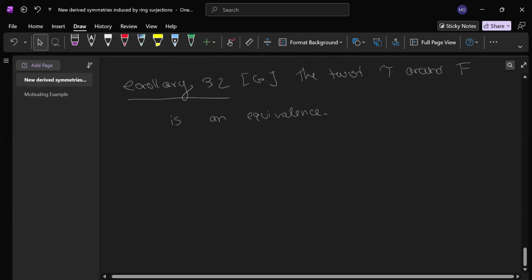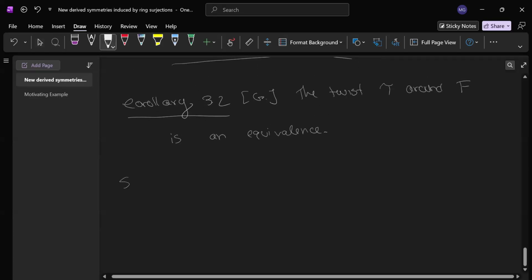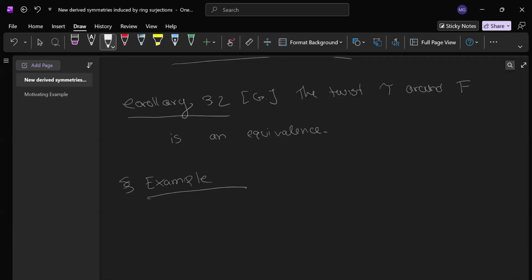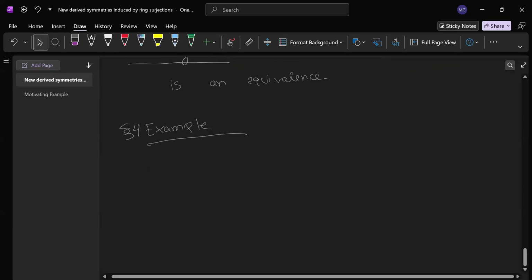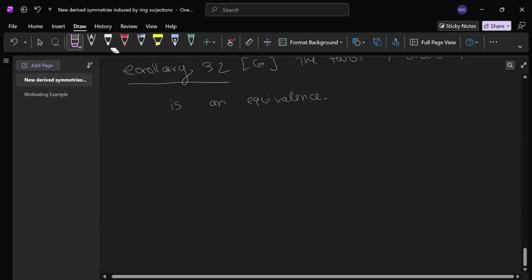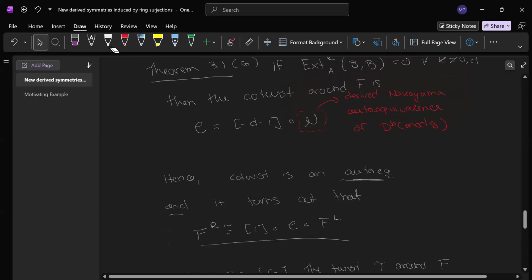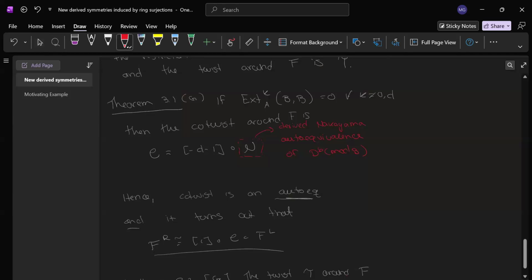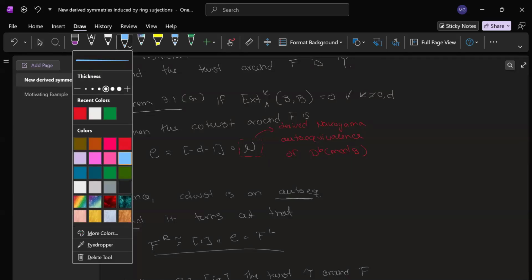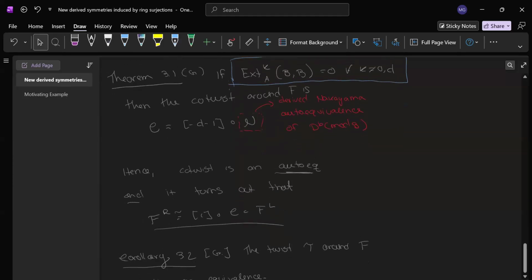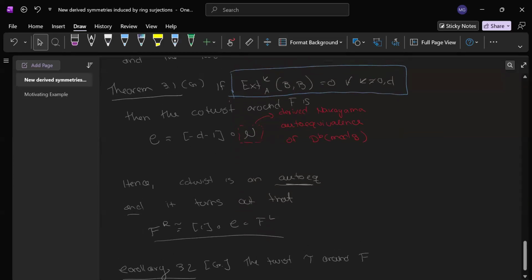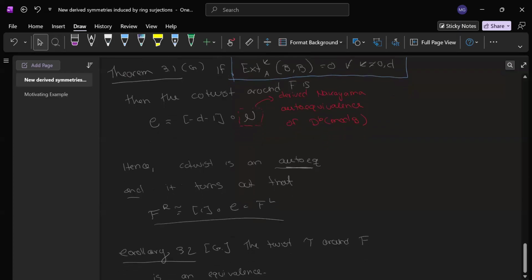And what I want to talk a little bit about next is an example of how we can use this to construct new derived equivalences. So, or actually, sorry, before that. Okay. So this theorem here is relying on this Ext vanishing assumption, which doesn't seem very intuitive, but in certain settings we can simplify it.